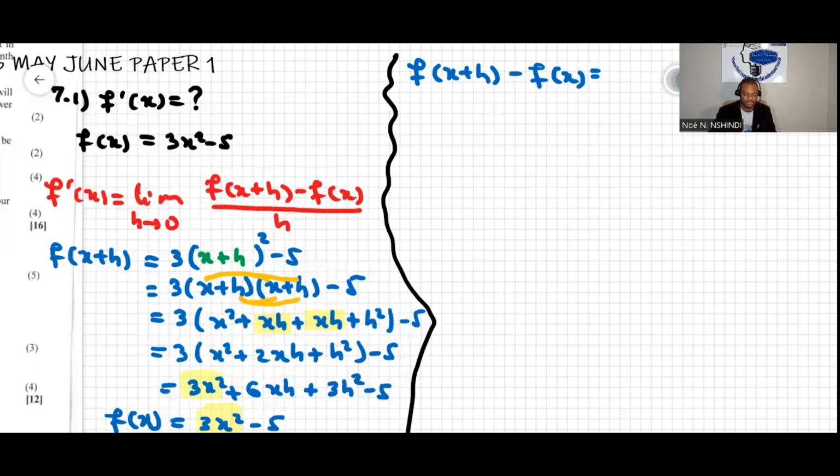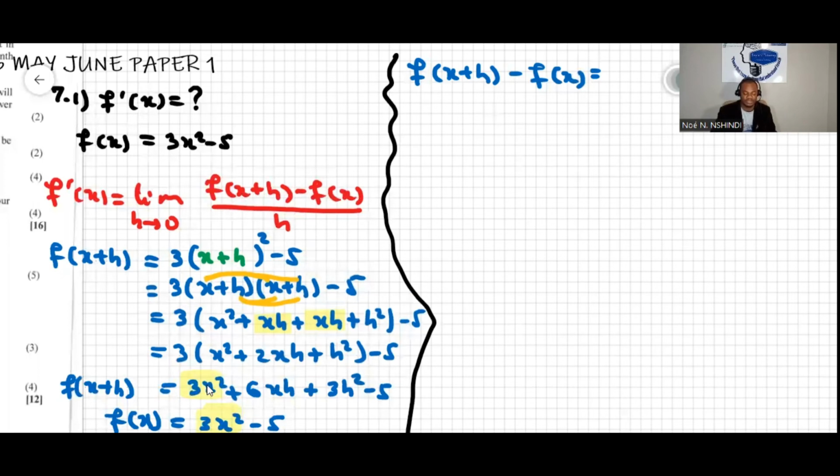So this is f of x plus h, and we do this equation minus that equation, because we have f of x plus h minus f of x.